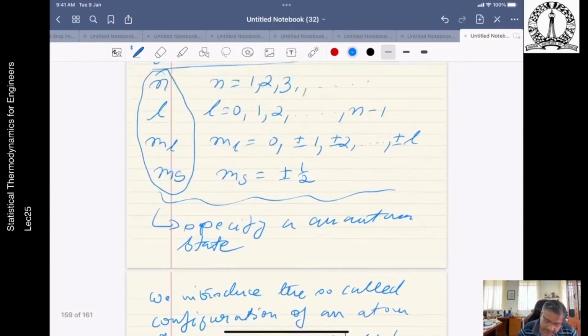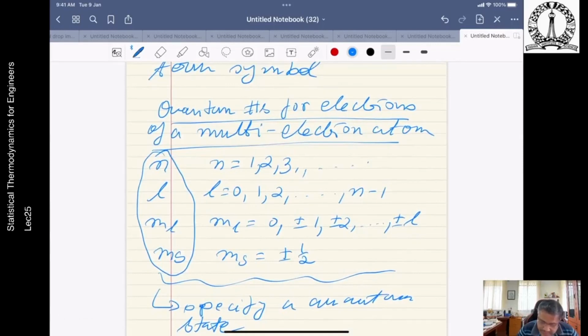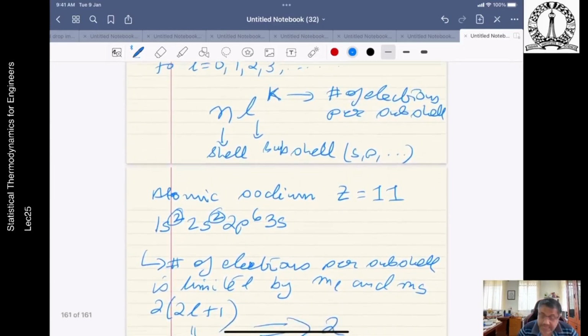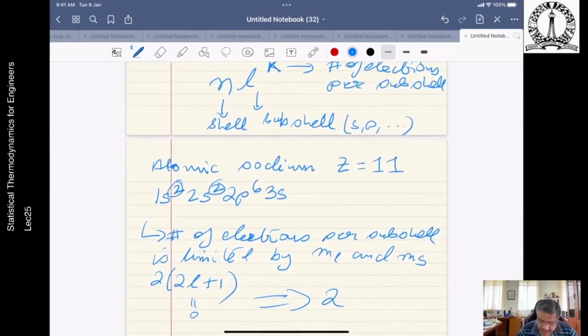When n is equal to 2, l can be 0 and 1, that means s and p. When l equal to 0, this is 2. When l is equal to 1, this is 3 into 2, 6. Similarly, you can have 3s, but then we exhaust. So it is like 2, 2, 6, 10, and 11. So this is 1 actually.